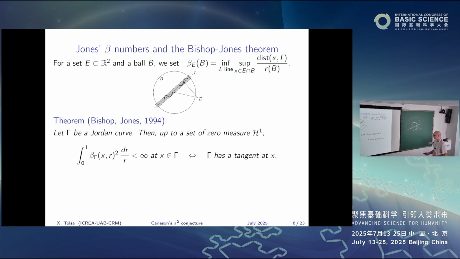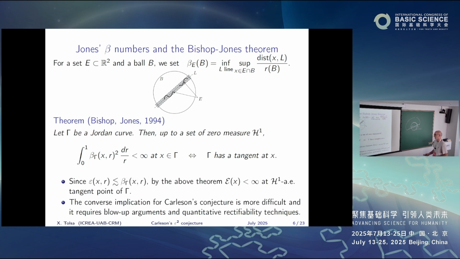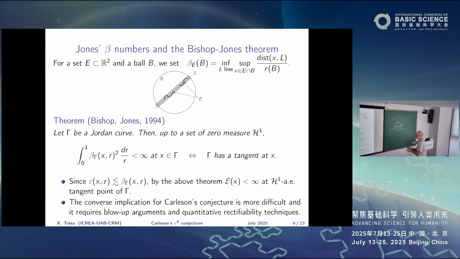So then what we have is that, since I already said that the epsilons are smaller than the betas, this is a quick calculation. Then if this is finite, if this is the square function associated to the epsilon, then this square function will be also finite, and so then there will be a tangent. So I'm going in the opposite direction.